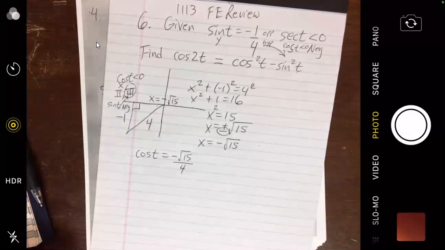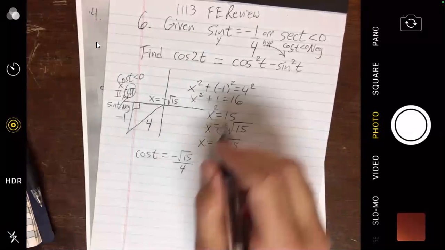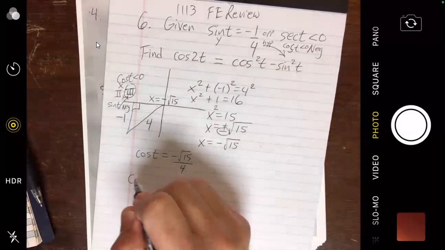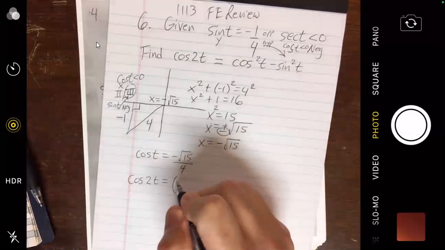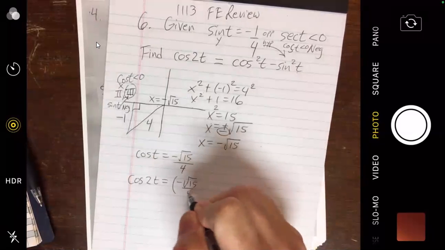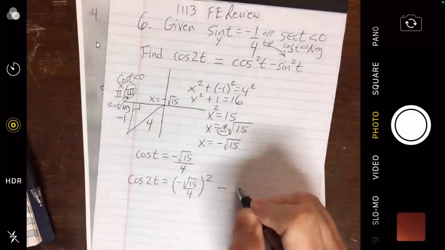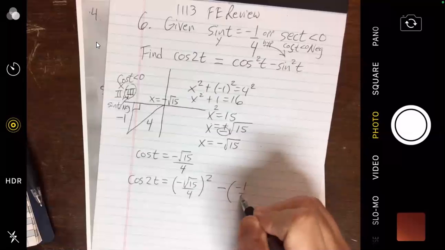Yes, I'm good. Okay. So now it's just plug and chug into that to figure out the cosine of 2t. Take cosine of t, so that's negative root 15 divided by 4, squared, and subtract negative 1/4 quantity squared.